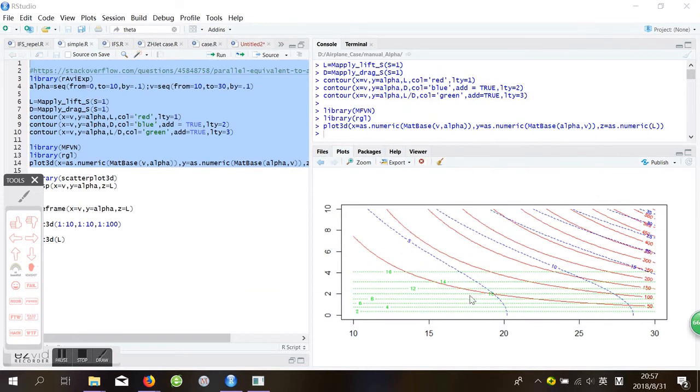As you see, the green line represents the lift to drag ratio, and because we are assuming that the drag and lift coefficients are not influenced by the speed, these lines are going to be parallel.